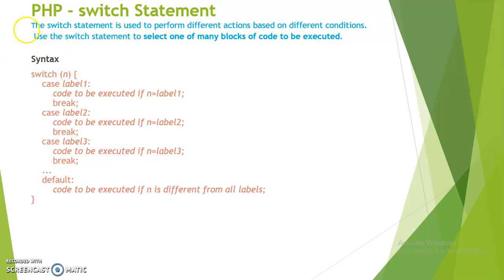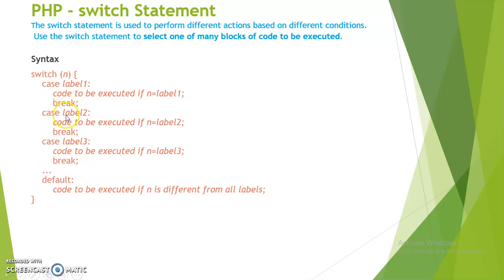So in this place we have, sorry, my mouse is nowhere to be found. So I'm just switching this case. Now we have case 1, which is level 1, and code to be executed if n is equal to this one, level 1, and it will break.